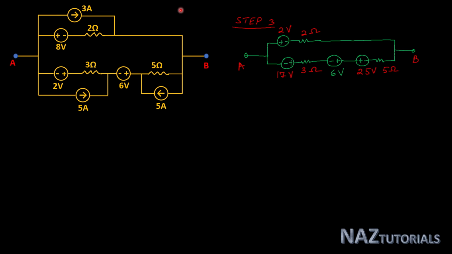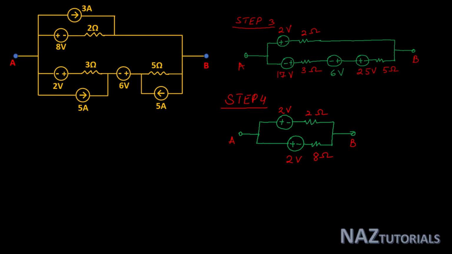Let's see. This is the equivalent, that is 2 volt in series with 2 ohm, and all the voltage sources are connected in series, that is 25 minus 23, 2 volt, and 5 ohm plus 3 ohm are connected in series, so 5 plus 3 is 8 ohm.